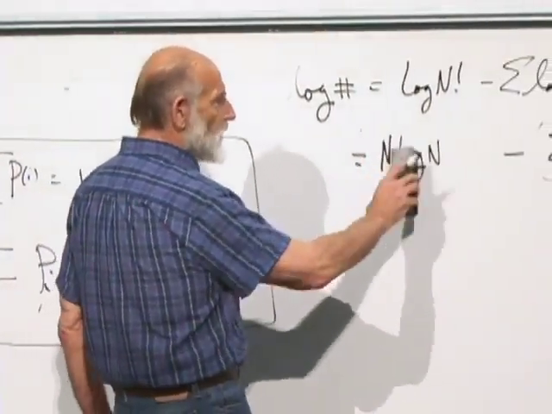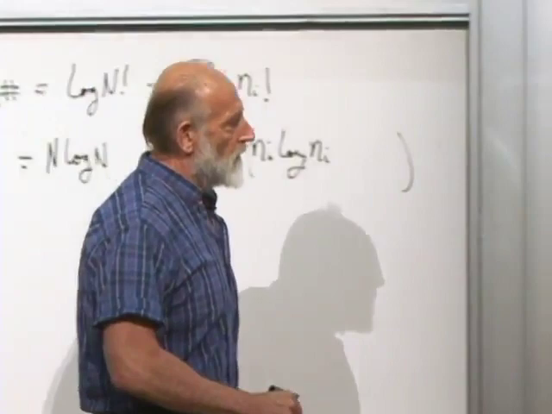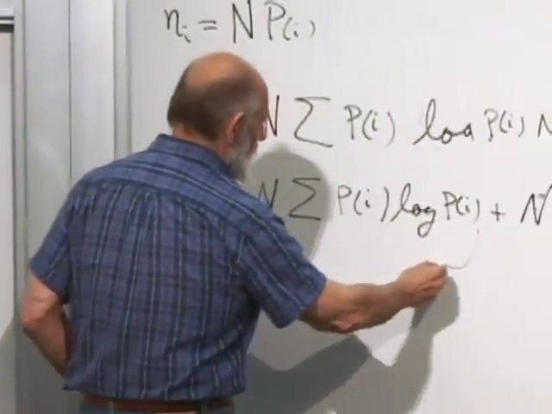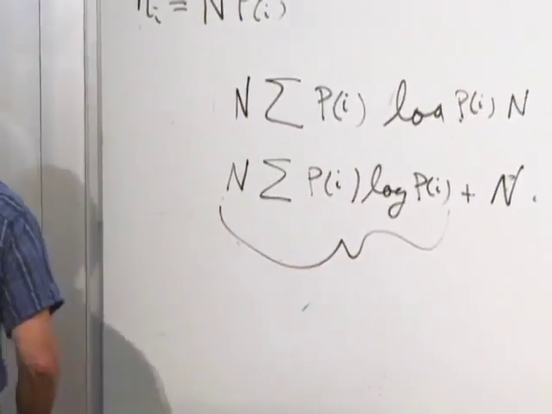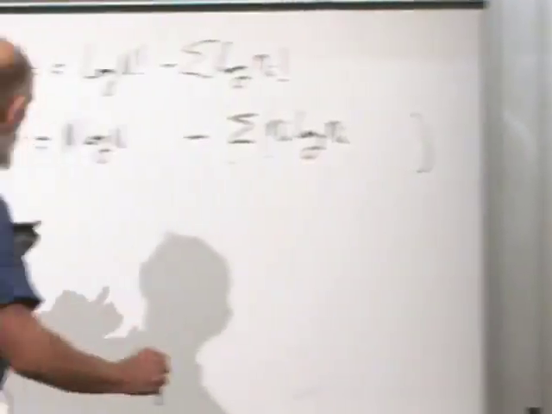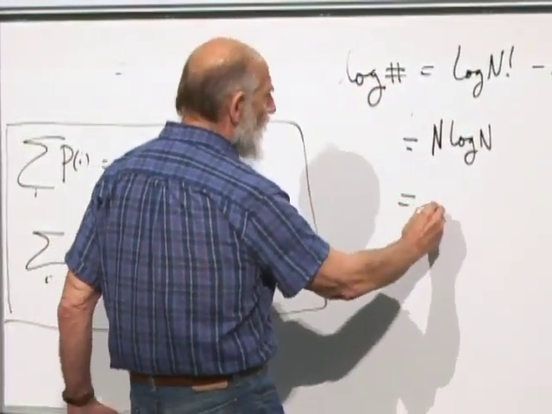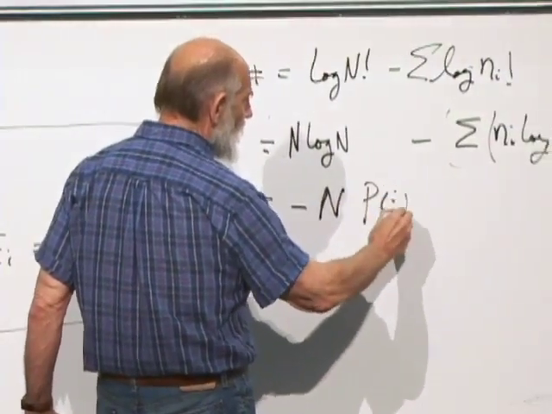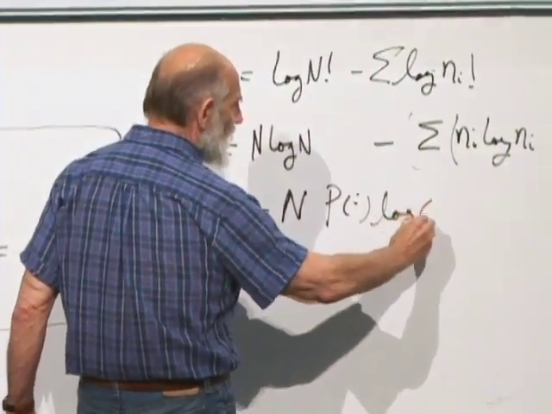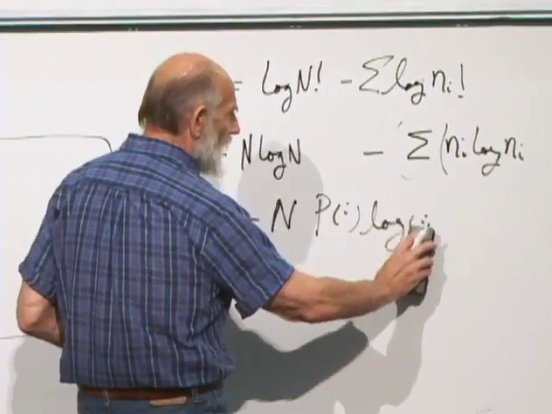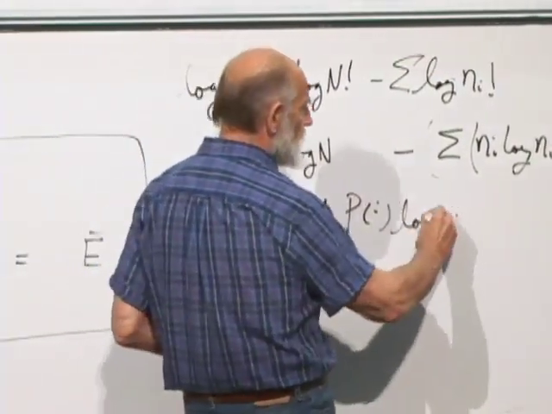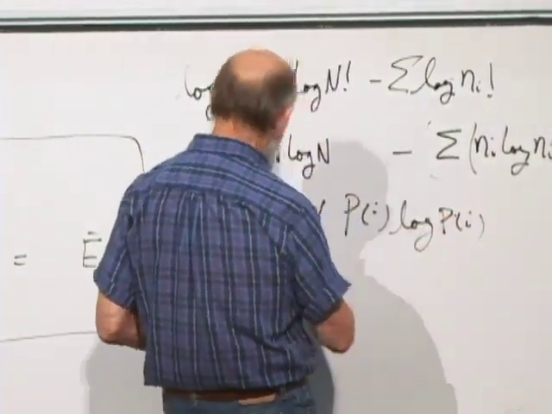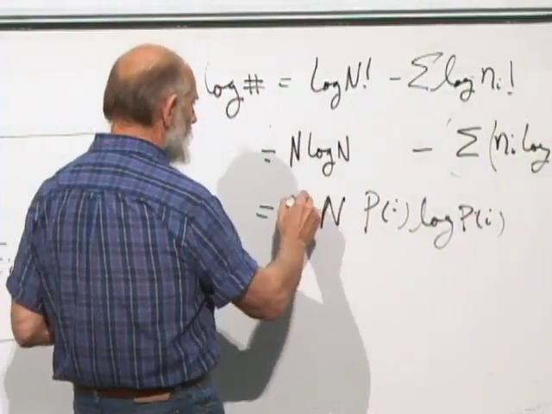All that's left is this term with a minus sign. So the whole thing is just minus n times p of i log p of i, summed over i.